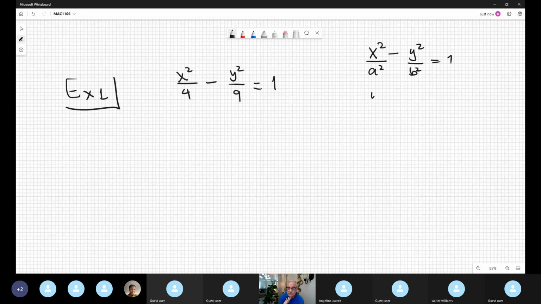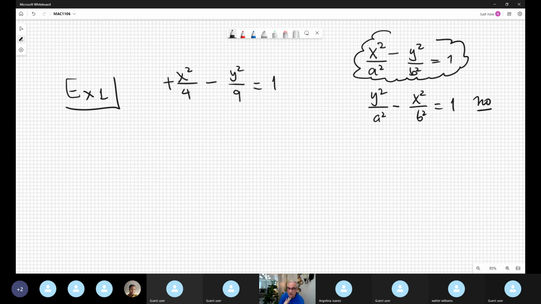We have another alternative, like that. But no, because the positive part corresponds with x. So actually, it's this. In other words, our hyperbola looks like that because the transversal axis is parallel or coincident with the x-axis.